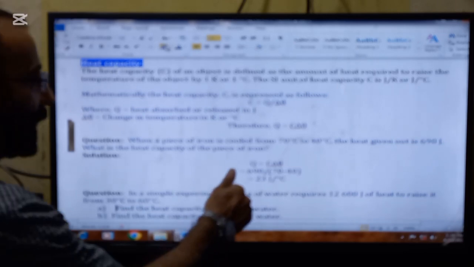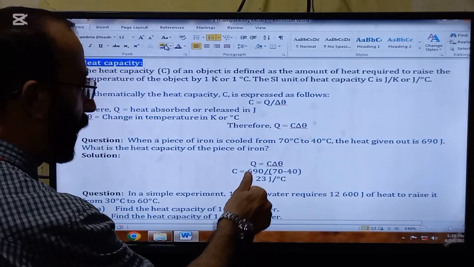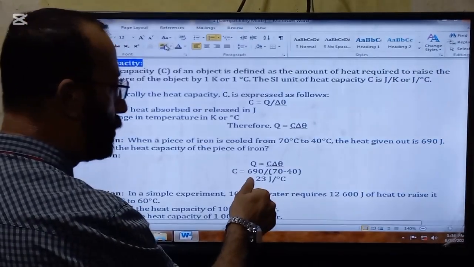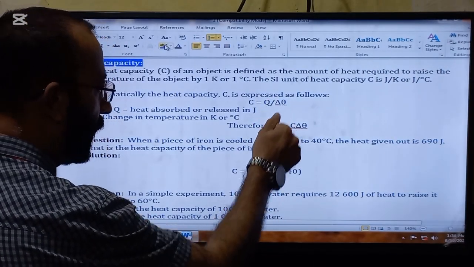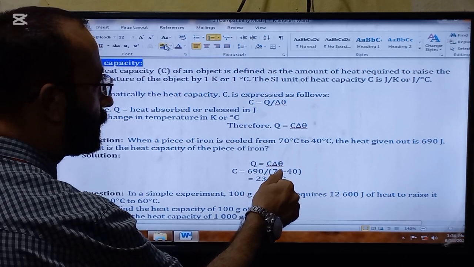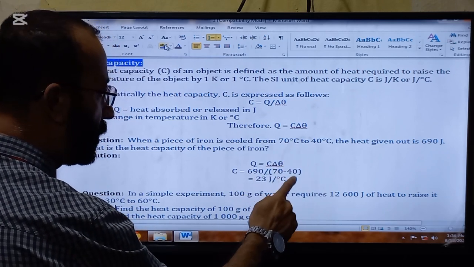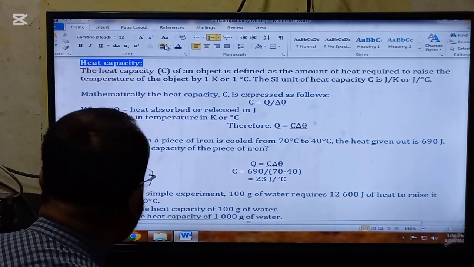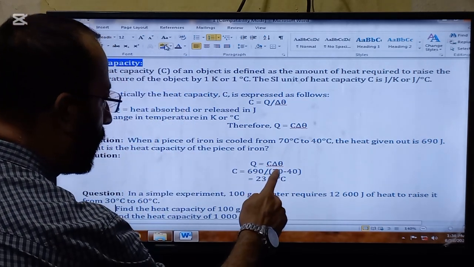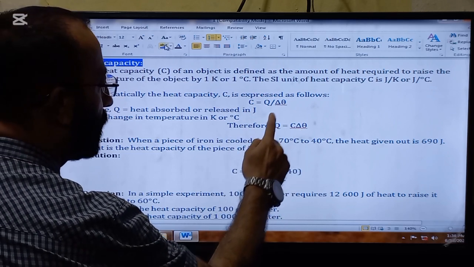So look now, the formula is Q is equal to C delta theta. So C is Q, 690 joule, over delta theta, 30 degree. When you solve it on the calculator, you will get the answer. The formula was written wrongly like this; you can write this formula directly.